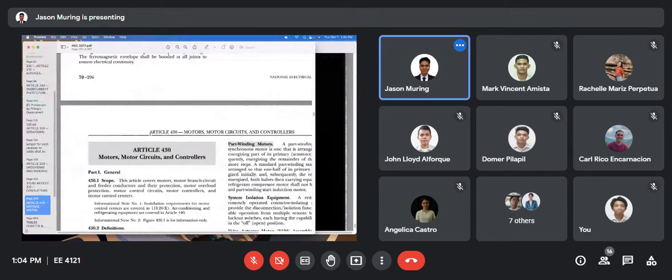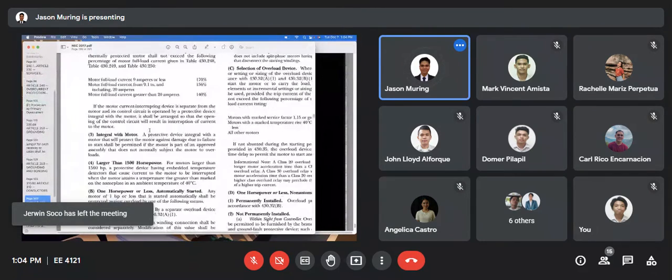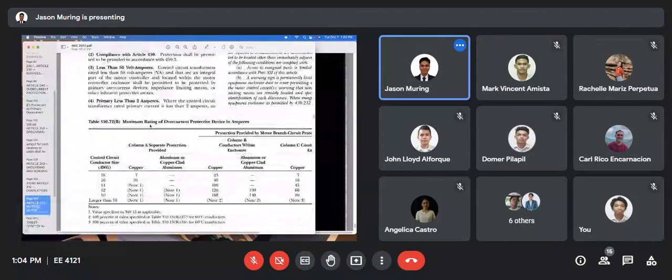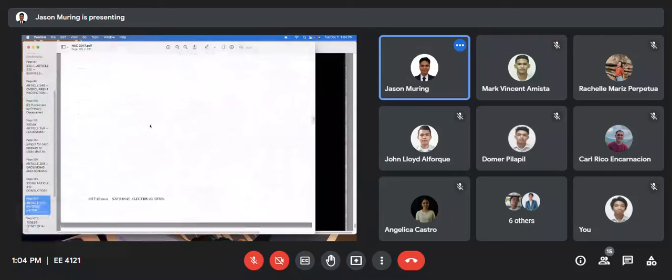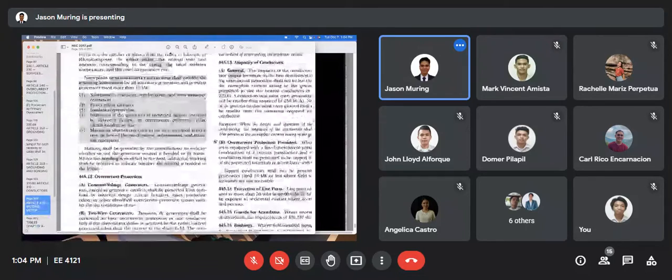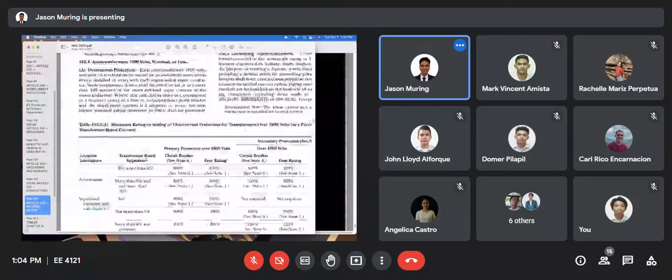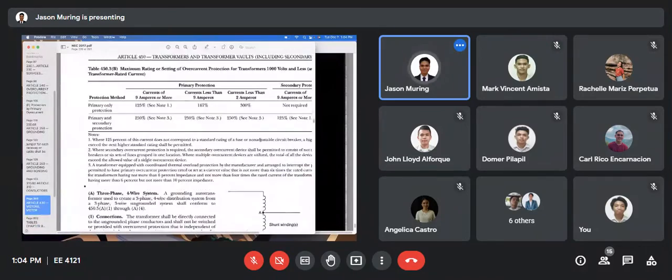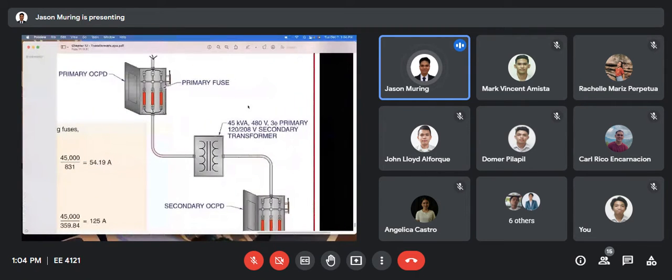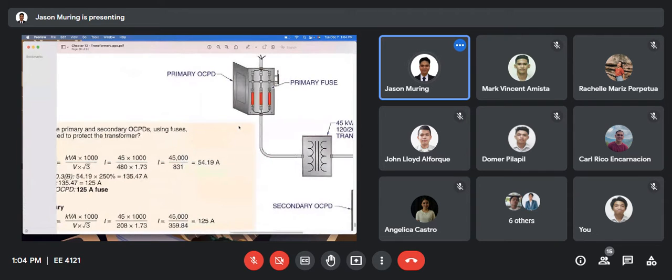450.3(B). So we have here the transformer is three phase 480, 45 kVA.